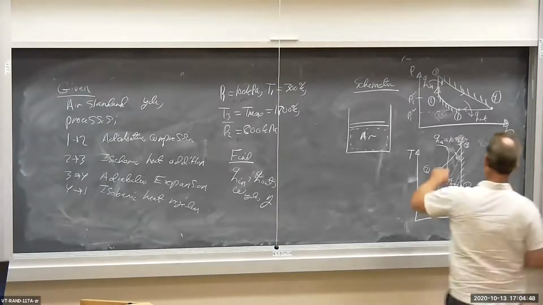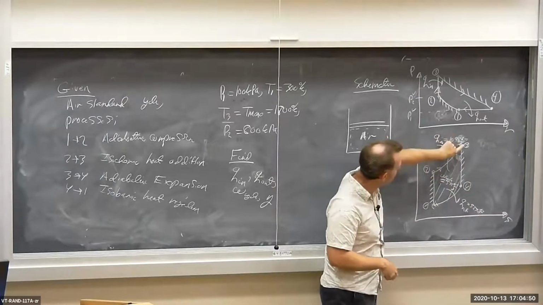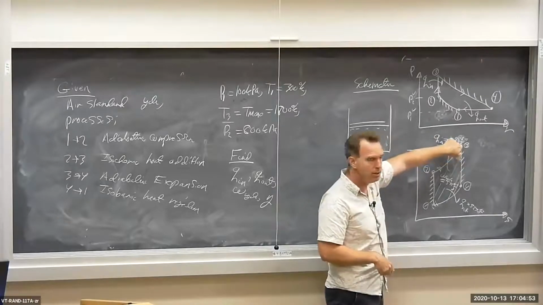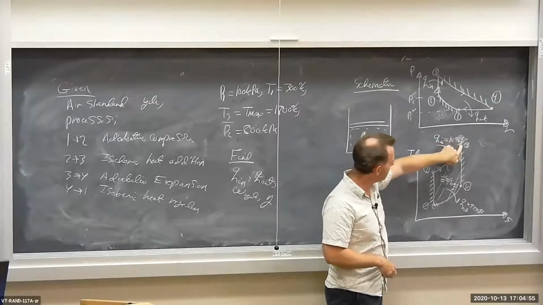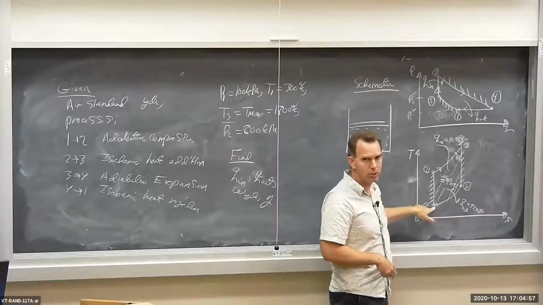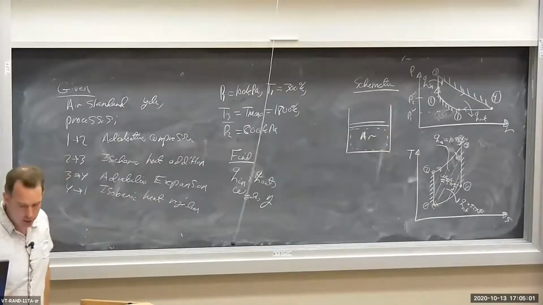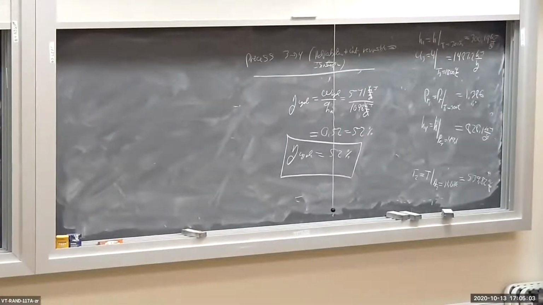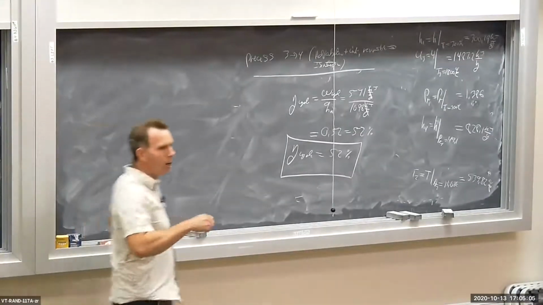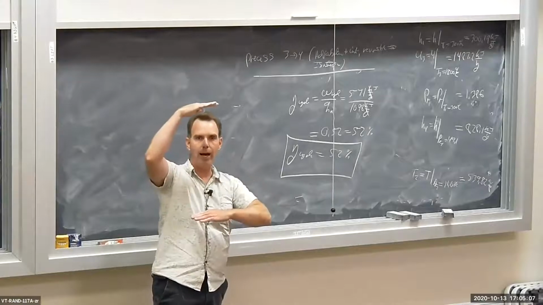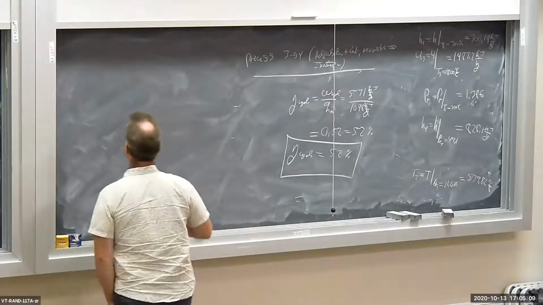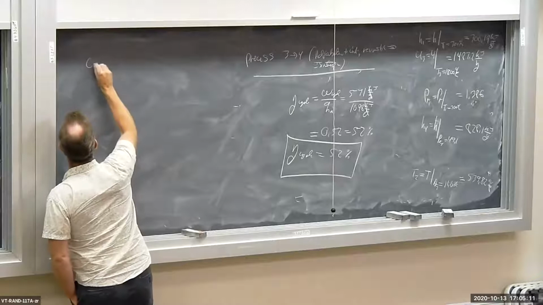And I put a Carnot cycle that operated between the highest temperature in the cycle, which is at T3, and the lowest temperature in the cycle, which is at T1. Let's calculate the Carnot efficiency for a heat engine operating between the two high and low temperature limits in the cycle.